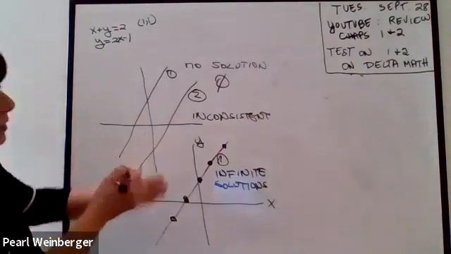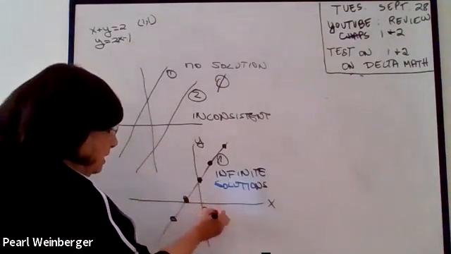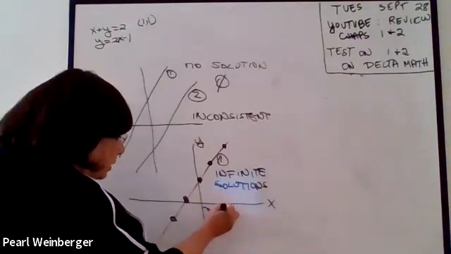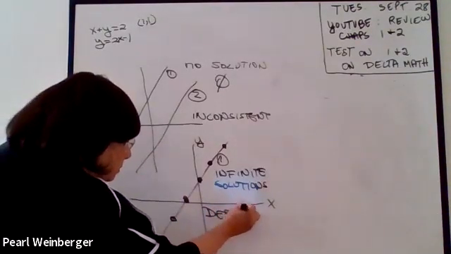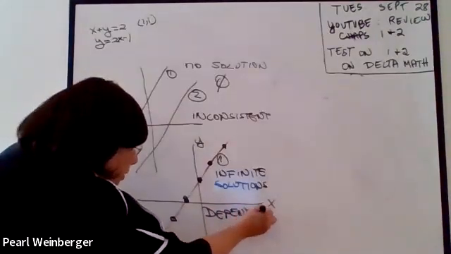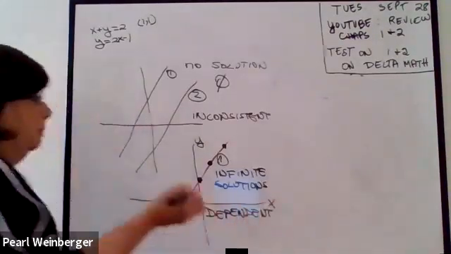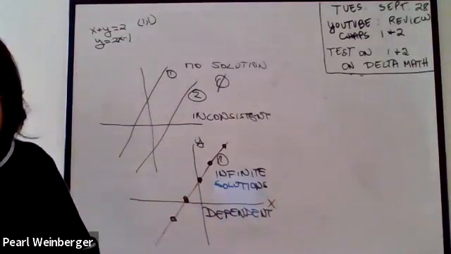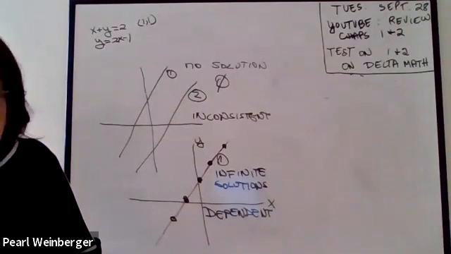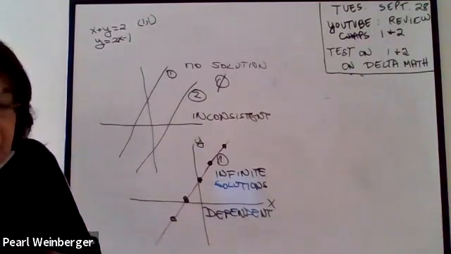And this type of system is called a dependent system of equations. Because they're really not two separate equations, but one equation actually, they're not independent of each other.